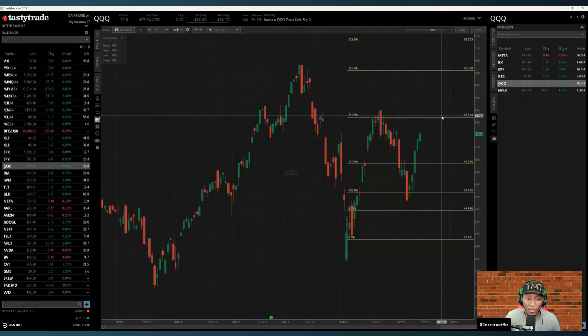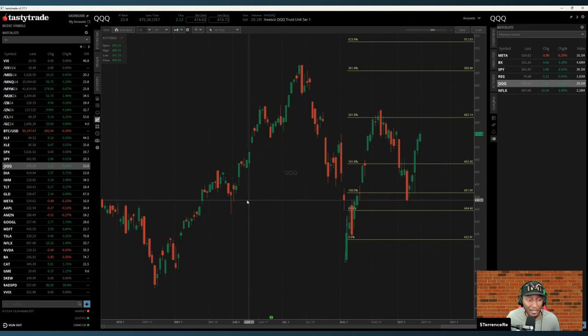Now, the QQQ basically is an ETF of the NASDAQ. The NASDAQ contains, I want to say, about 100 stocks. These 100 stocks generally are more along the line of tech companies, like Apple, Meta, Google, Microsoft, Tesla.